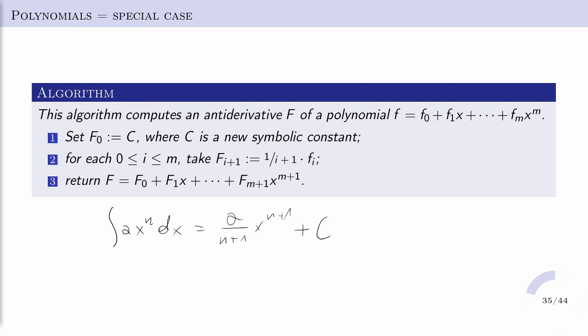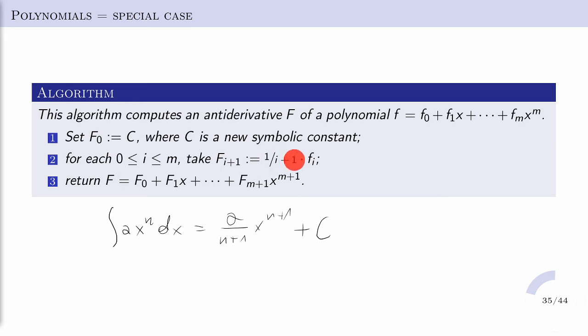So when we apply this together with the linearity of the integral to this polynomial, what do we have? The constant term of our antiderivative is a new symbolic constant c, and for every term of the polynomial, we just compute the corresponding antiderivative.